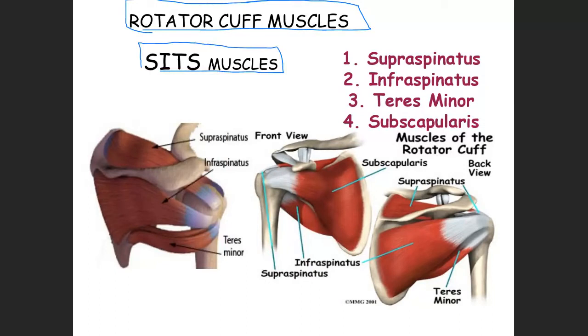So the top one here is called the supraspinatus, which is the S. Remember the infraspinatus fossa, that's where the infraspinatus muscle is going to sit. Right below that infraspinatus, we have the teres minor muscle, okay? This is a posterior view of the scapula.